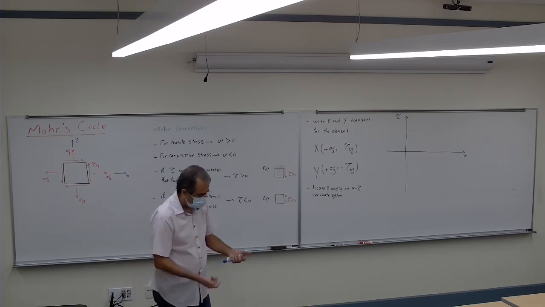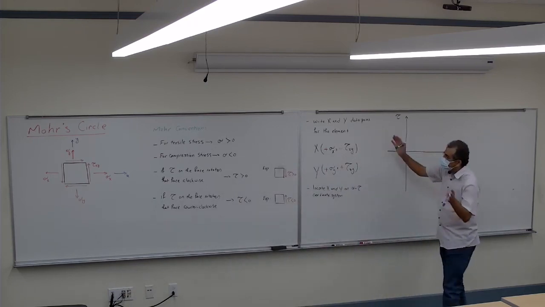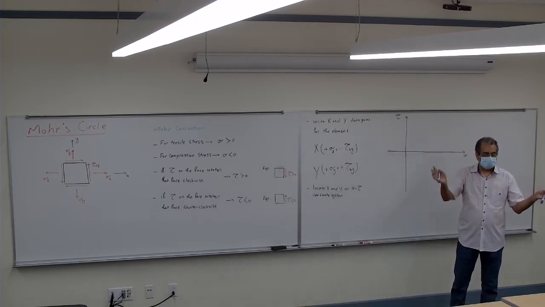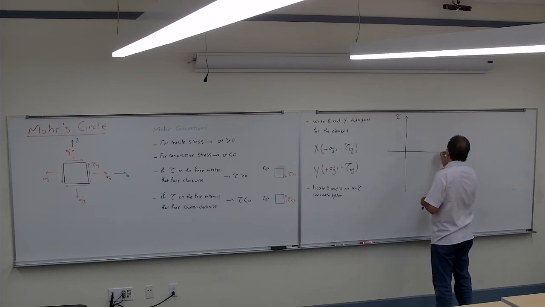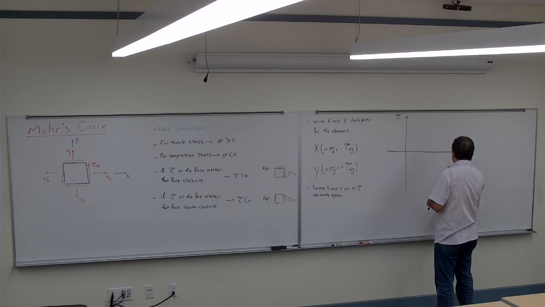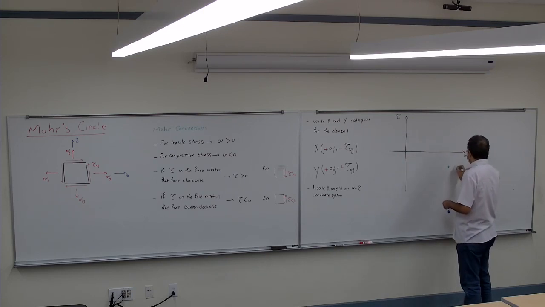So I'm going to locate them. Assume here sigma x is larger than the sigma y. Just assume. Okay, so the x is going to be somewhere here, because x is plus sigma x and minus tau xy.